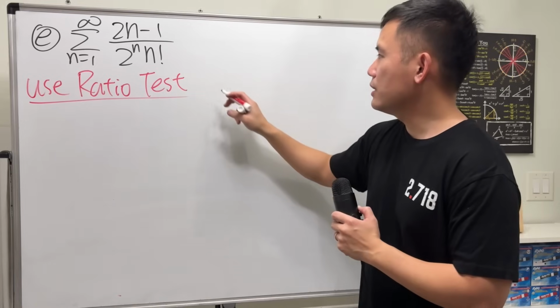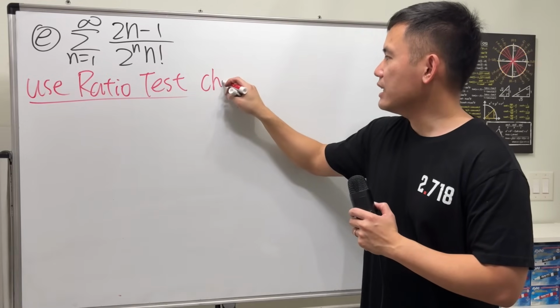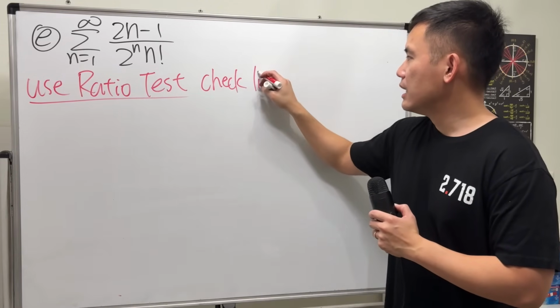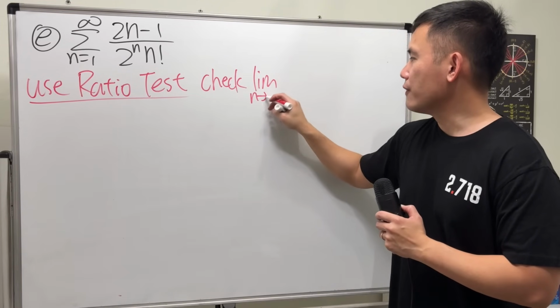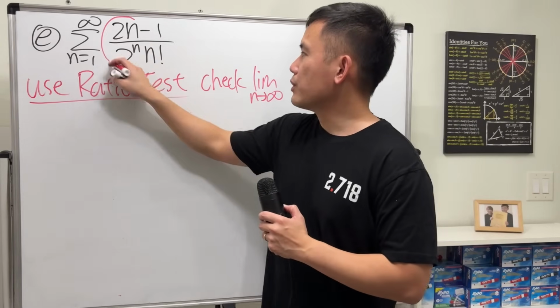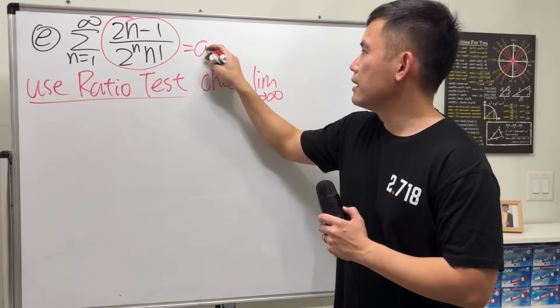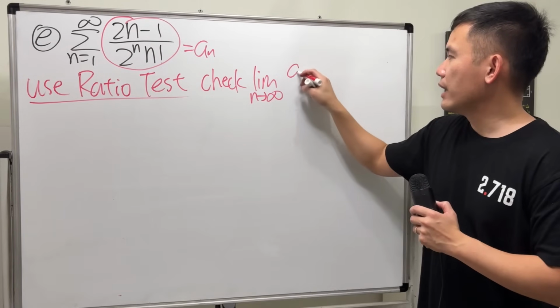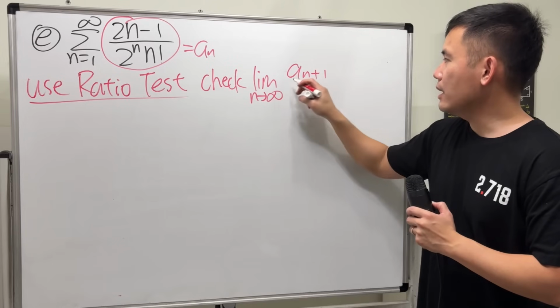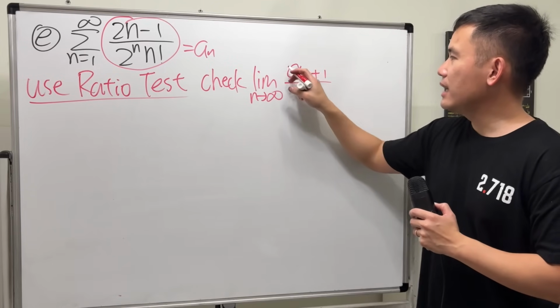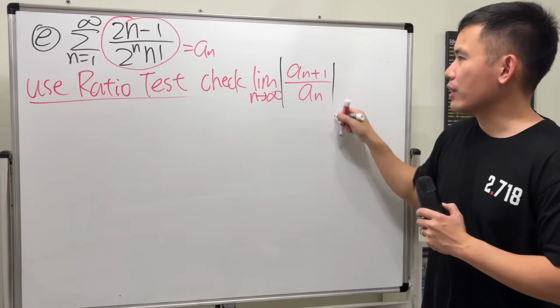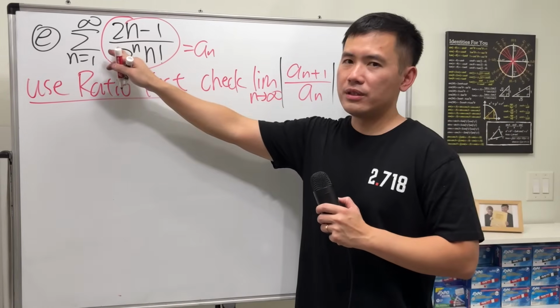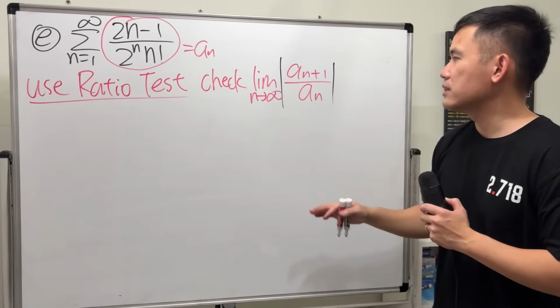And remember, the ratio test is that we will have to check the limit as n goes to infinity. This thing right here is our a_n, and then you will have to work out a_(n+1) over a_n, and technically you should put an absolute value around it. This doesn't matter at all because all the terms are positive anyways.